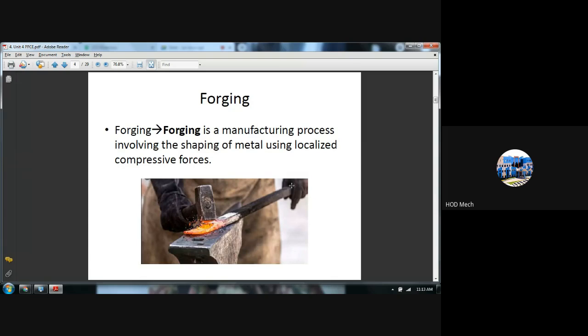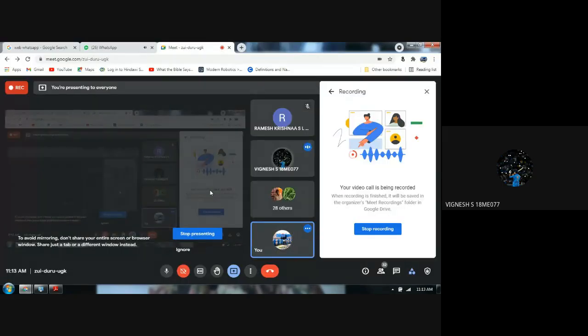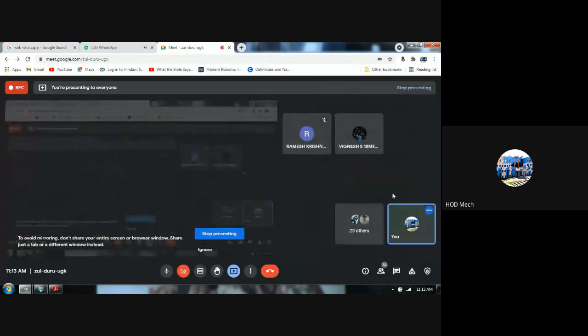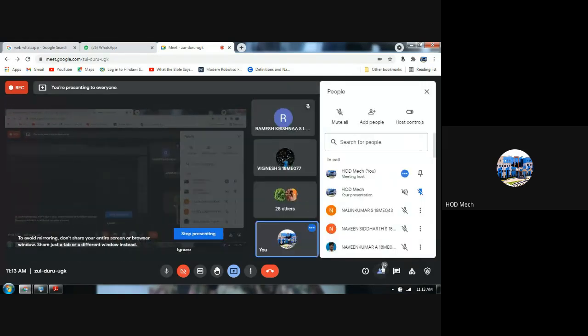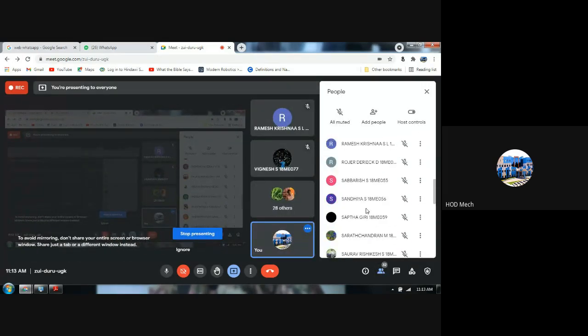The portion where the person is holding it has a different crystal structure, because there is a change in temperature. So when you do the forging process above recrystallization temperature, it is called hot forging. If you do the forging process below recrystallization temperature, then it is called cold forging.